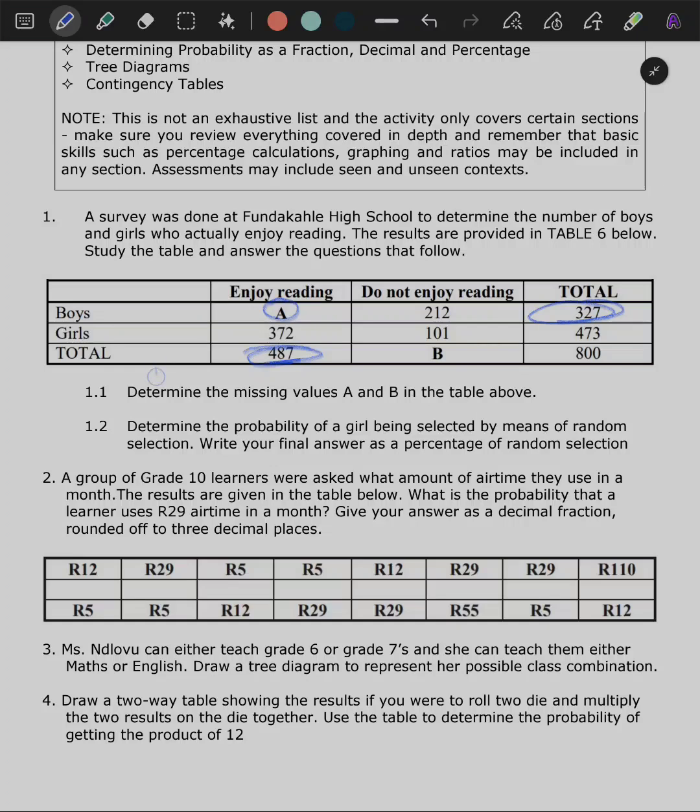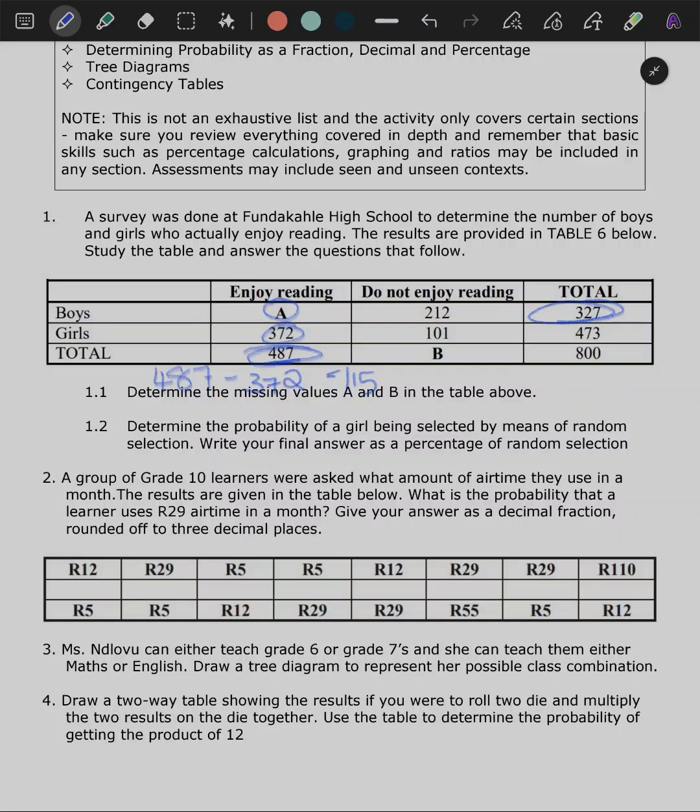So all we're going to do is say 487 minus the 372 that we already know, which comes from above it, to get to our missing value of A. If we do that, 487 minus 372 gives 115.